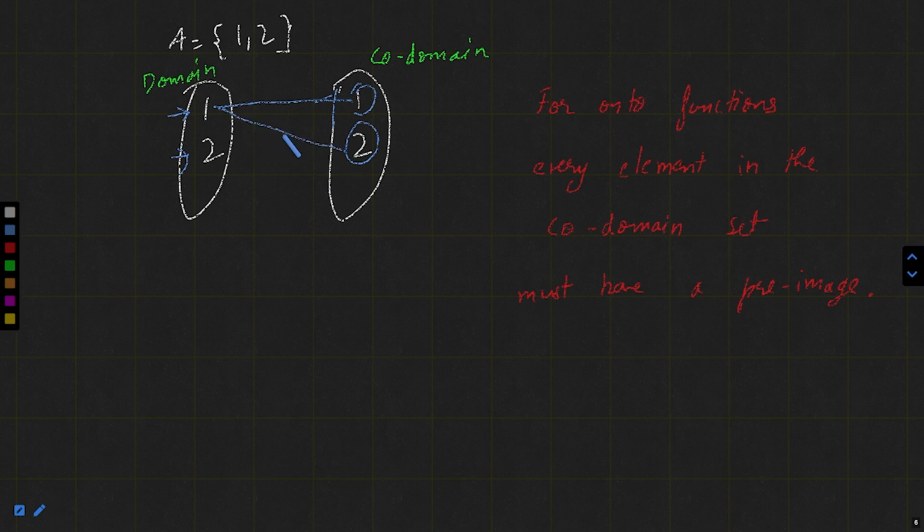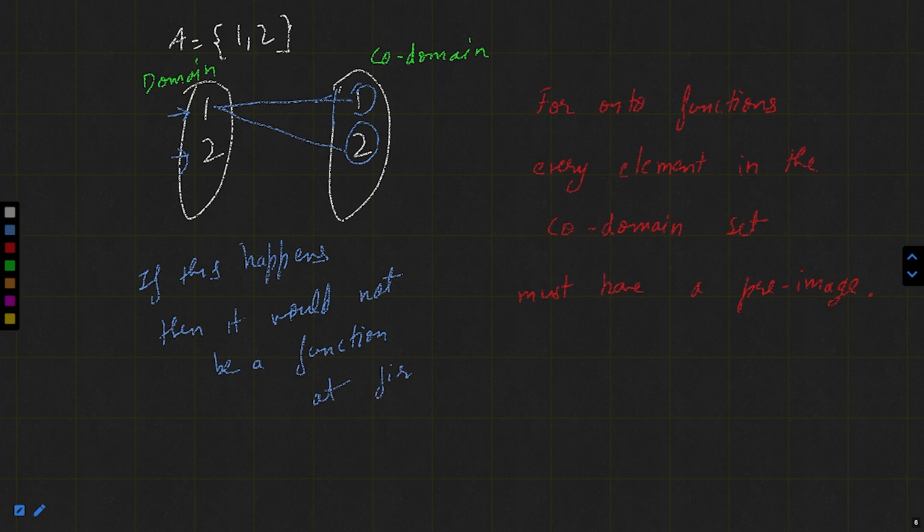No. If this happens, then it would not be a function in the first place. Why would it not be a function? Because it does not satisfy the function condition.